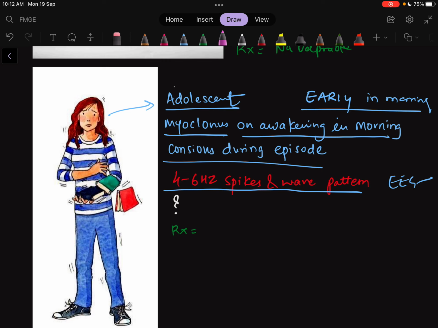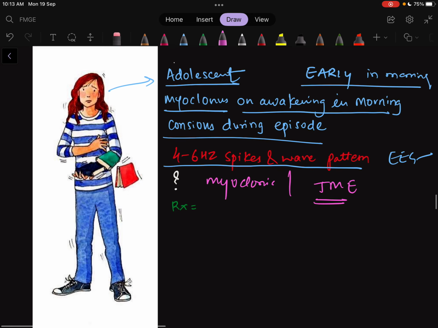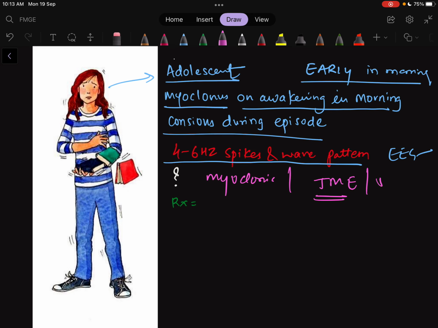Then this is myoclonic seizure, juvenile myoclonic epilepsy, also known as Janz syndrome, seen mainly in adolescents. And treatment is sodium valproate.